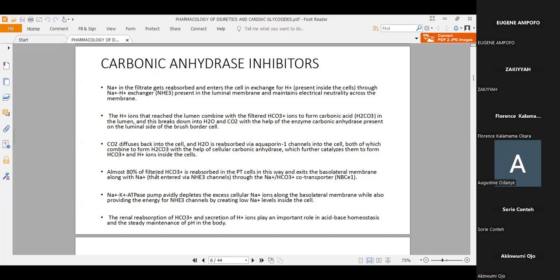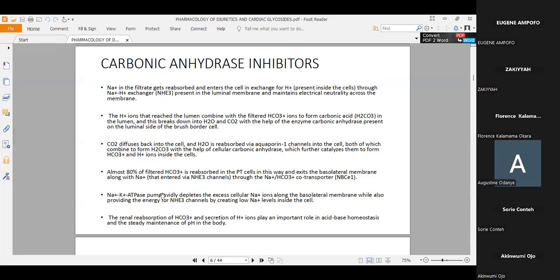And there's a sodium potassium ATPase pump, which depletes the excess cellular sodium ions along the basolateral membrane, and at the same time provides energy for the sodium hydrogen exchanger channel by creating low sodium levels inside the cell.